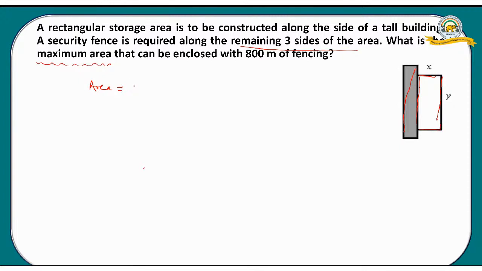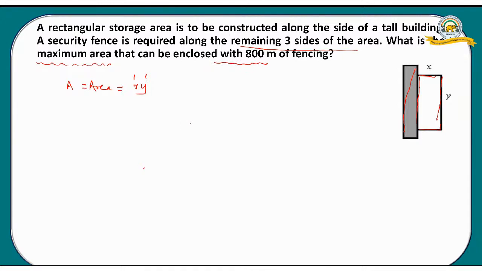X into Y. The area A is equal to X into Y. There are two variables X and Y in this case. So before differentiating the problem, you need to rewrite it in terms of one variable with the help of the given information. What else is the given information? Enclosed with 800 meters of fencing.